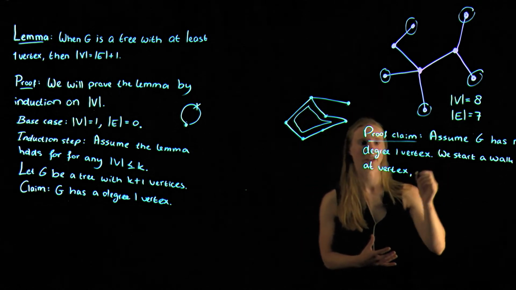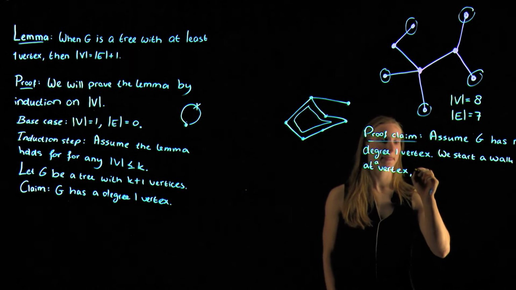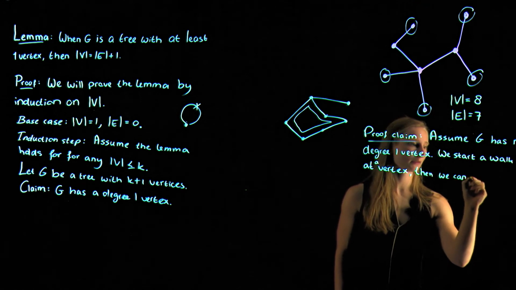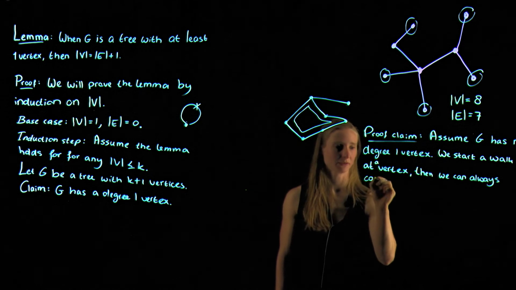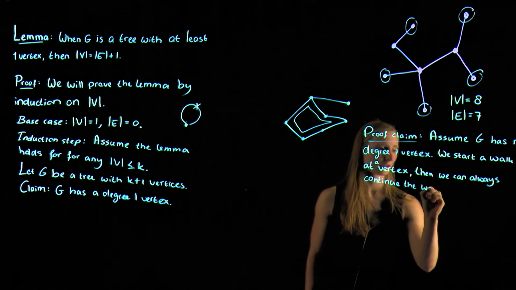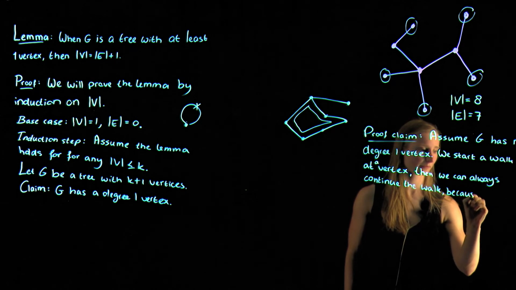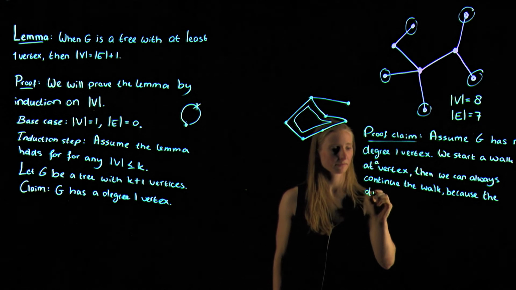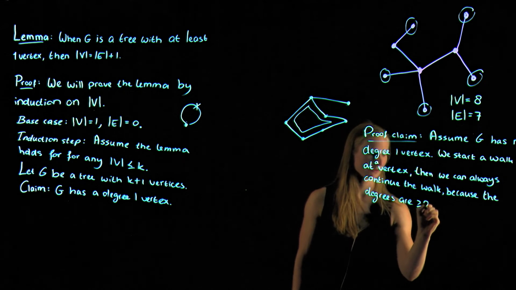So we start a walk at a vertex. Then we can always continue. So we can always continue the walk. Because each vertex has degree at least 2, so greater or equal to 2.